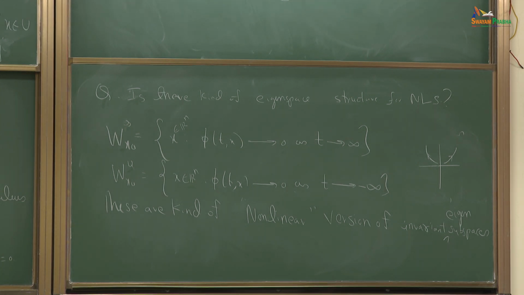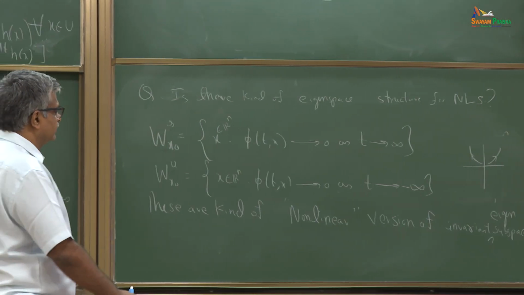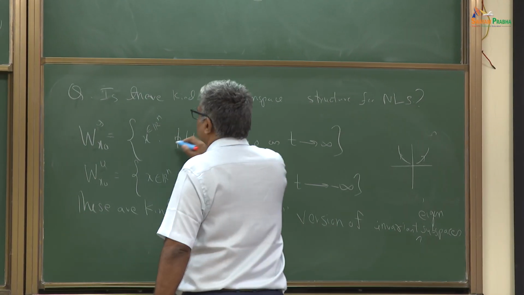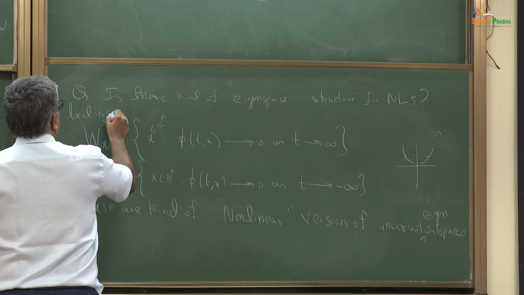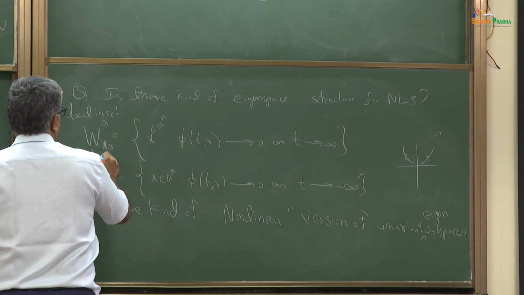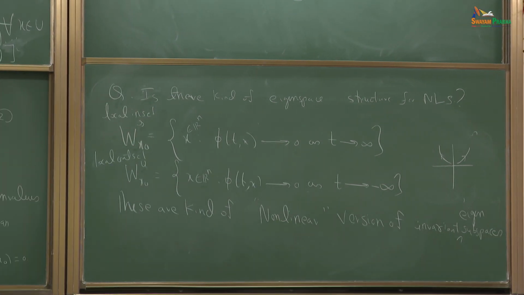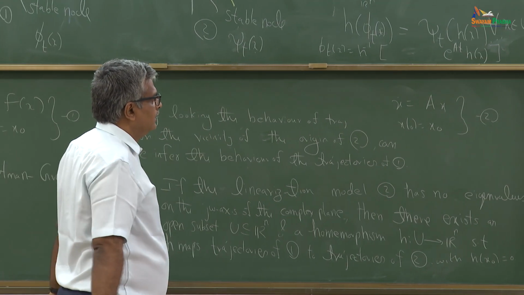So these sets that I have defined are kind of non-linear versions of the invariant eigen subspaces. In fact, this set is called the local inset, and this is called the local outset. Inset because they are approaching the origin, outset because they are going away from the origin.